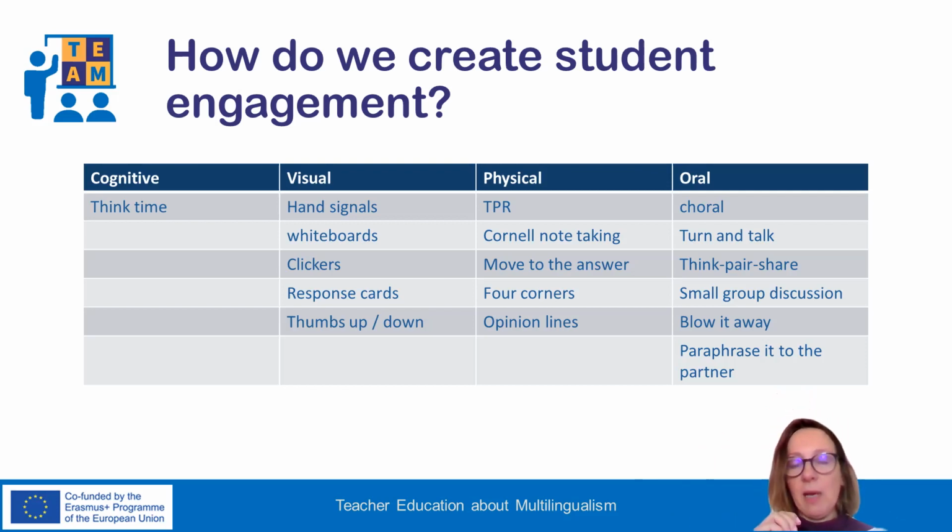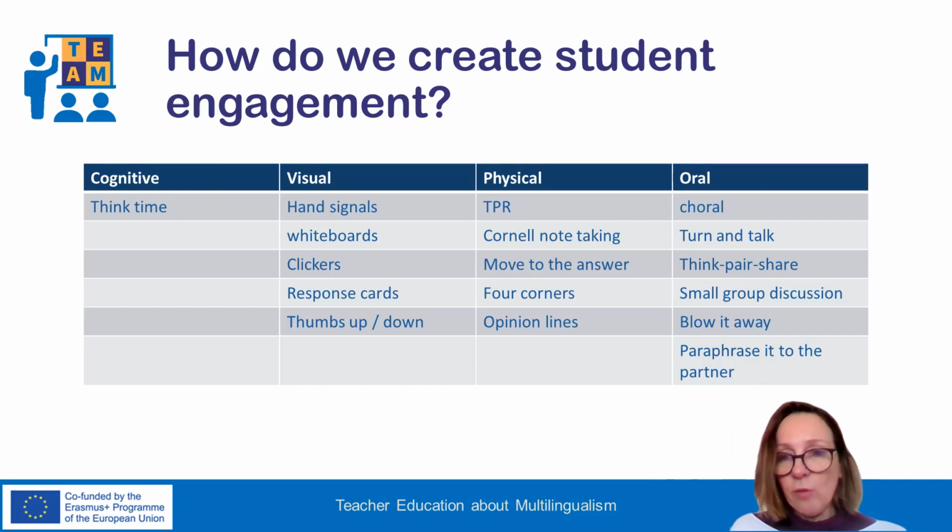If, for example, the answer is yes, go to the right side of the classroom. If the answer is no, move to the left side of the classroom, and so on and so forth. And the same happens with the four corners of the classroom and the opinion lines. The oral engagement involves students in choral responses, or turn and talk to your partner, to your neighbor, think, pair, share.